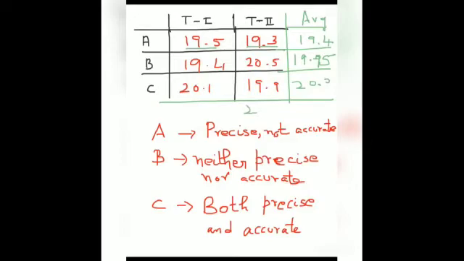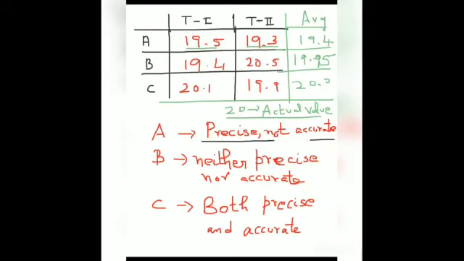So we will see whether these values are precise and accurate. For student A, the values 19.5 and 19.3 are very close to each other, but they deviate a lot from the actual value, that is 20 ml. So we can tell that the value measured by A is precise, but it is not accurate.